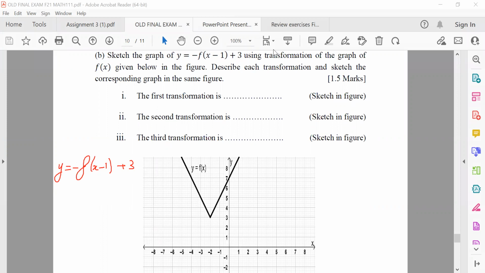This minus means we have a reflection, minus outside of the function, so with respect to the x-axis. We have this minus 1 inside, so this is shifting to the right 1 unit.